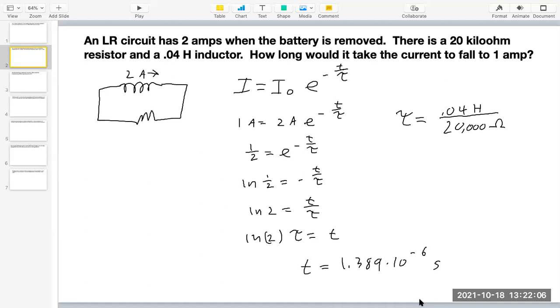So if there's a lot of resistance, this can happen very, very quickly, where you don't get persistent current for more than around a millionth of a second. Good on this one.